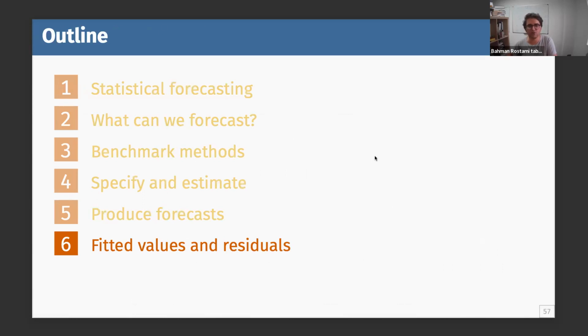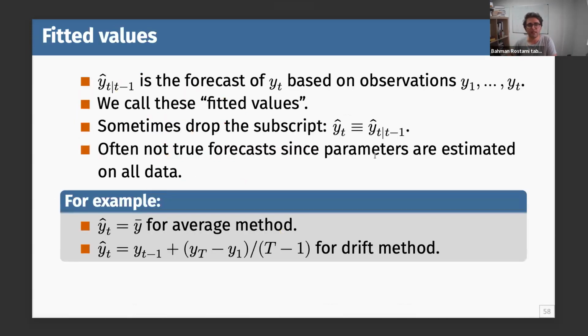Let me just very briefly talk about fitted values and residuals, but I will come back to this in day 5 as well. When we train a model on the data using the model function, what the model actually does is create what we call the fitted values. These fitted values are one-step-ahead forecasts.